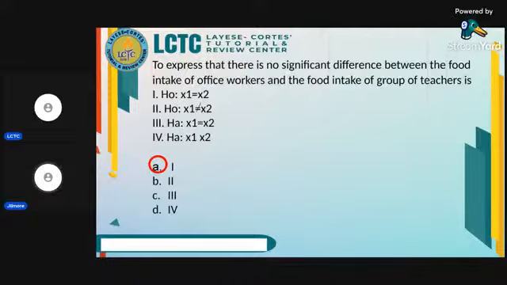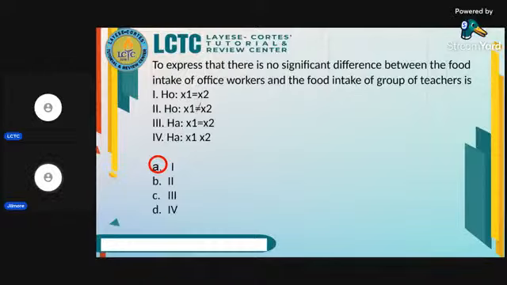If the calculated t-value is less than the tabular t-value, it is insignificant.